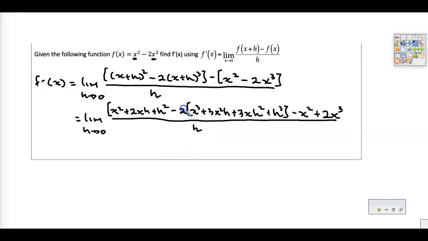And then you have to distribute here, here, here, and there.